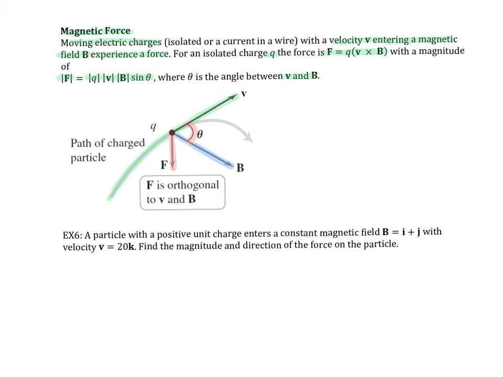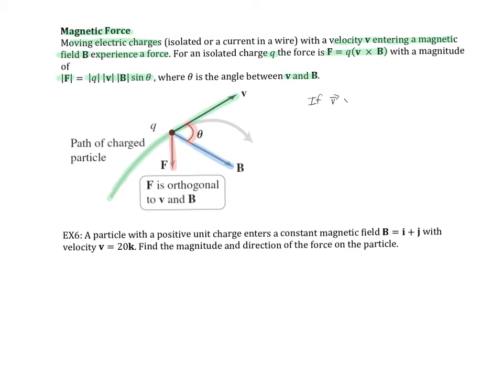So something that we do have to note, that if V and B are parallel, so imagine this particle entering a magnetic field and it's actually going in the same direction or in the opposite direction of the magnetic field. Okay. Then the force is 0.